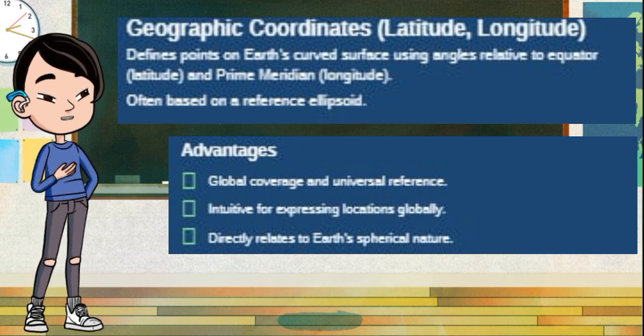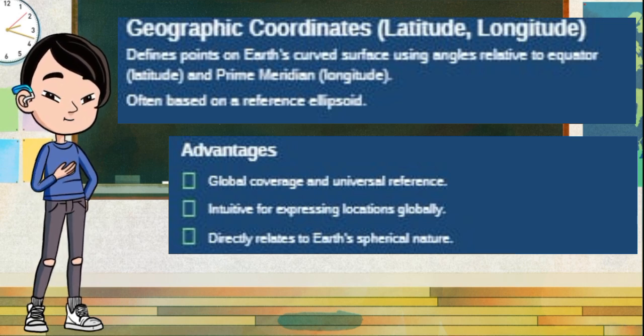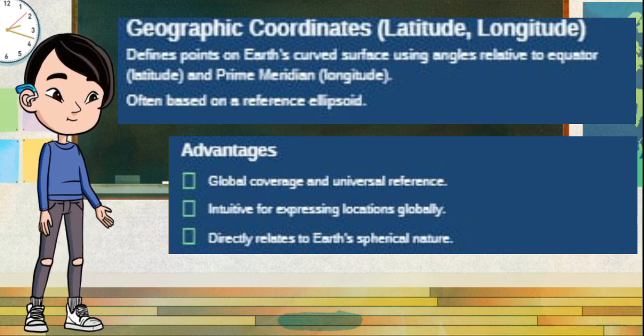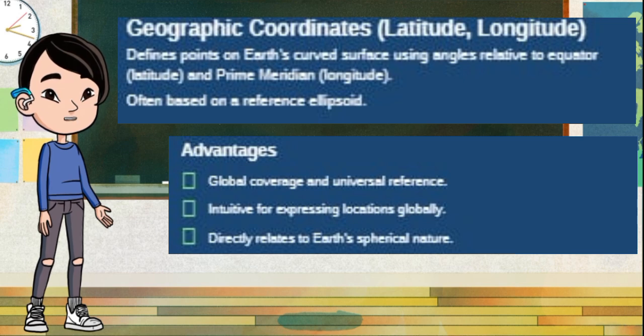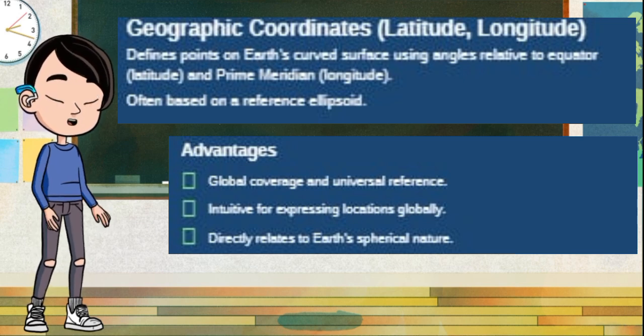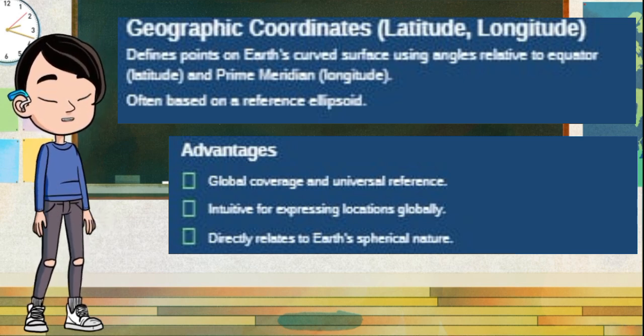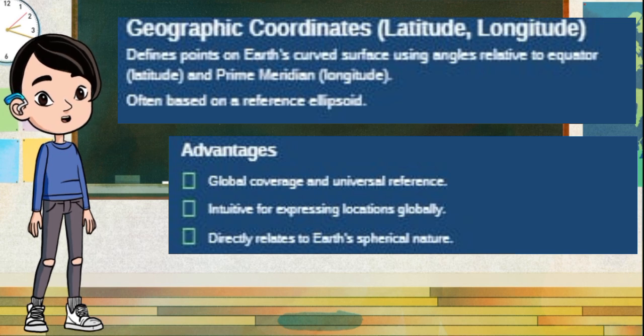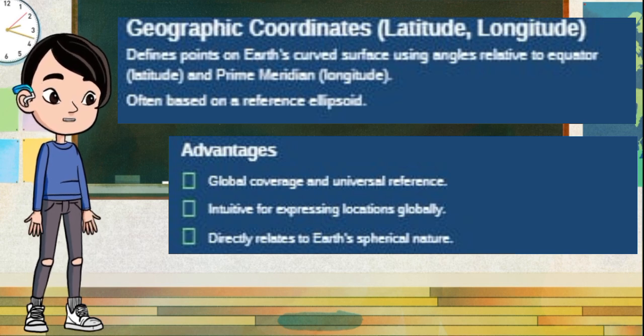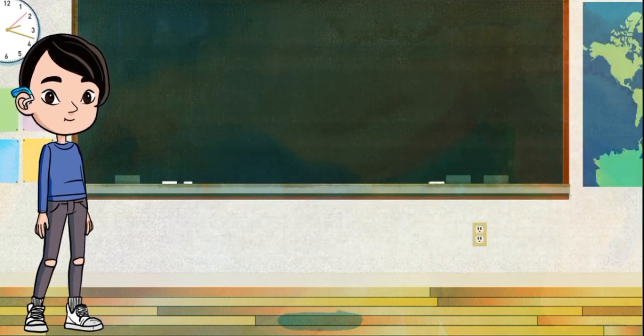They are often based on a reference ellipsoid. The advantages are clear: they offer global coverage and a universal reference, making them intuitive for expressing locations globally and directly relating to the Earth's spherical nature.